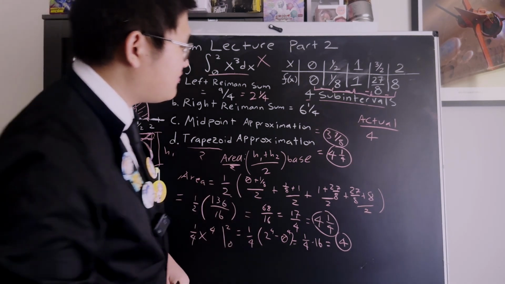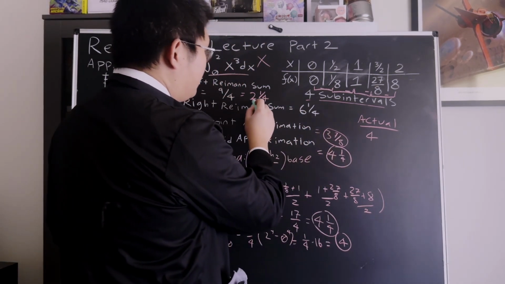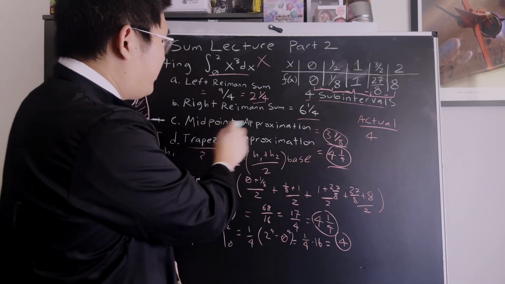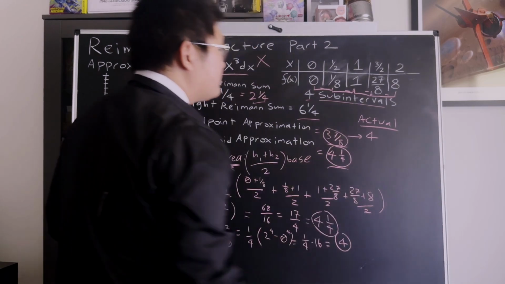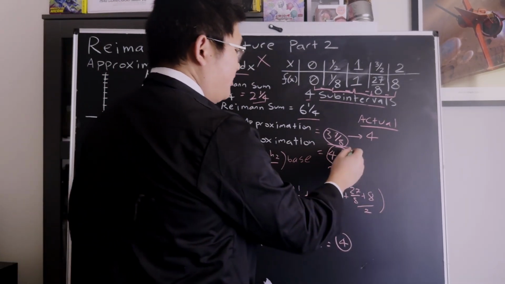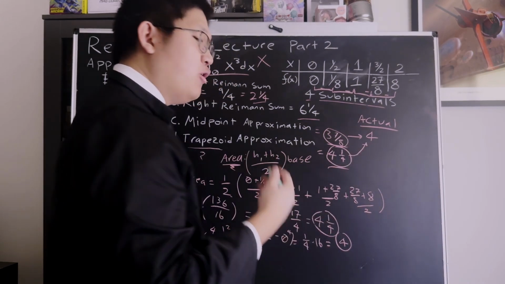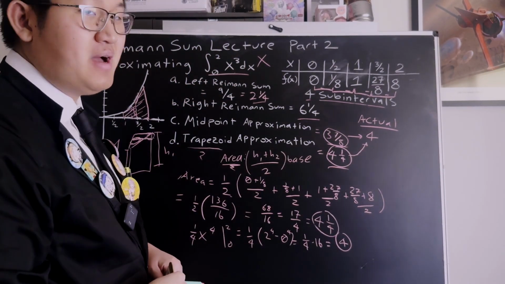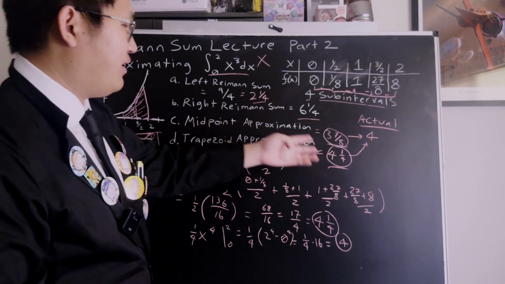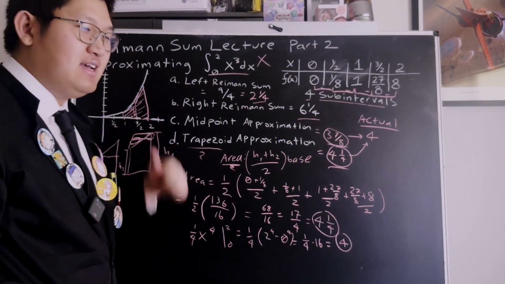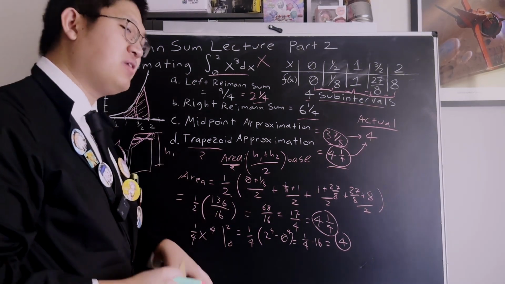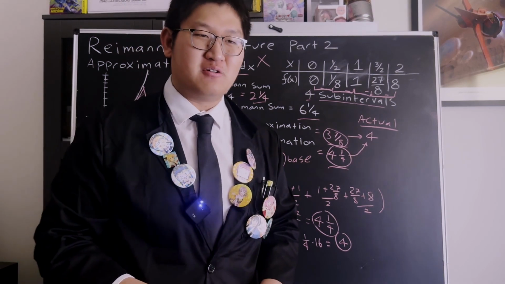But at least in the case for what we have so far, if we were to really take a scrutinous eye underneath all of these, you'd see that the midpoint approximation in our case was the most accurate to the actual with a slight under approximation, while the trapezoid was just a little bit worse, a slight over approximation to the actual amount. Again, as you can see, using big blocks of rectangles to try to approximate something with a large curve like this isn't very accurate. But again, it's all just ways to see how we can approximate an area underneath the curve.